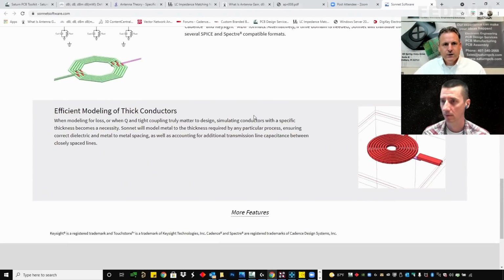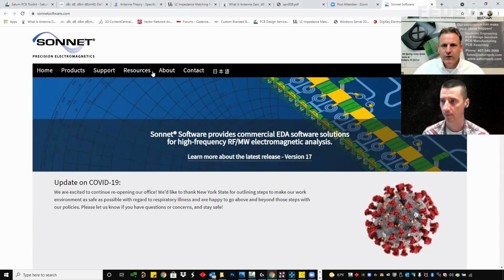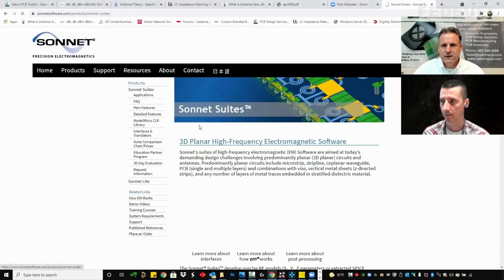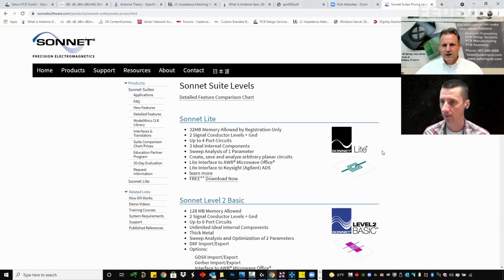You draw in geometries. You draw in your layer stack up. It's complicated, but once you get to understand it, it's pretty simple. If anybody cares, they make a free download version, Sonnet Suites. There was a light version. Yeah, there's a Sonnet Lite that I believe is free. Yeah, it says free.